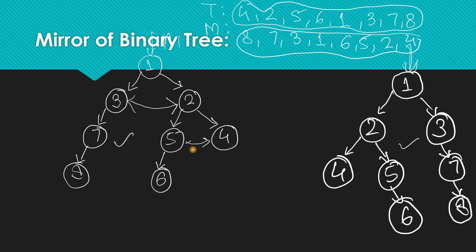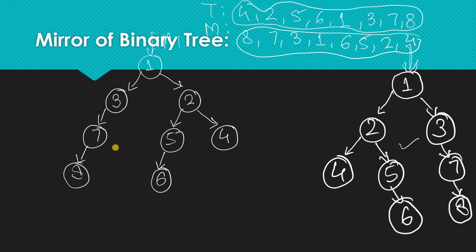So if you see here as well, we swap the left child with the right child, and here also, this is null, so here also we swap the left child with the right child. So if we swap all the left children with the right children present in the tree, then you will be able to get the mirror of the given binary tree. Okay, that's fine. But how will we do it while writing the code?